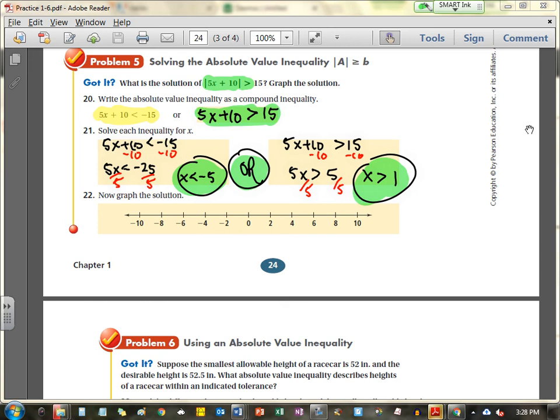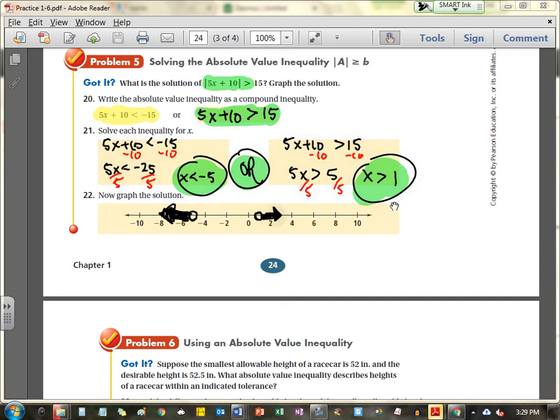Let's draw a picture of that scenario. When we say x is greater than 1, what we mean is go to 1, draw an open circle, but shade to the right. That was very sloppy. There we go. When we say x is less than negative 5, we mean go to negative 5 and draw an open circle, and go to the left.